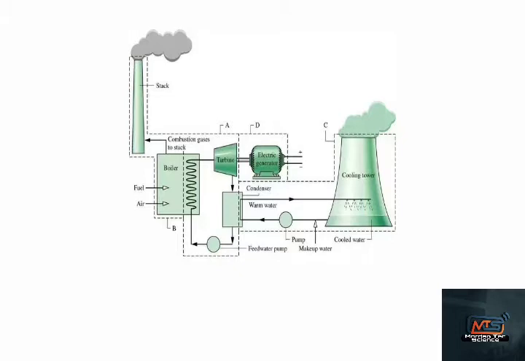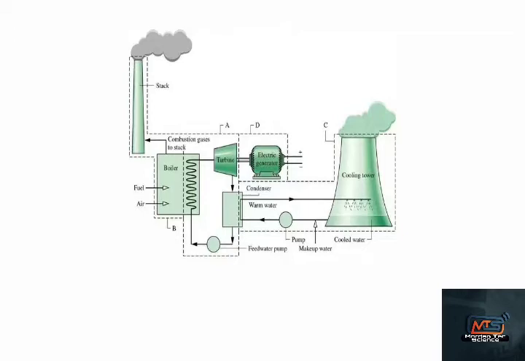The steam from the turbine goes to the condenser, and cooling water from the cooling tower is circulated in the condenser with the help of the pump to convert steam into water again. That water is again circulated to the boiler with the help of the pump to restart the process.